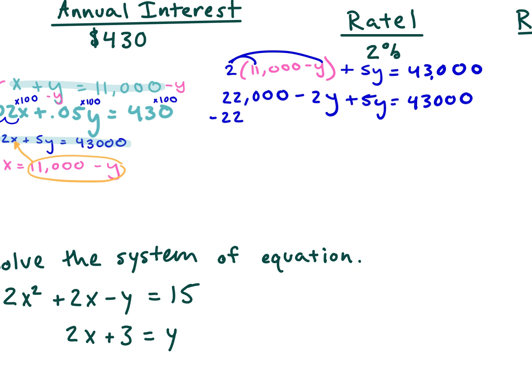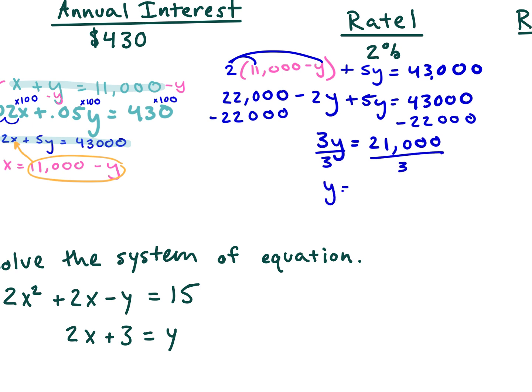I'm going to subtract the 22,000, move it to the other side. And then just add my like terms over here. So we get 3y equals 21,000. Then what can we do? Divide by 3. So y is equal to 7,000.